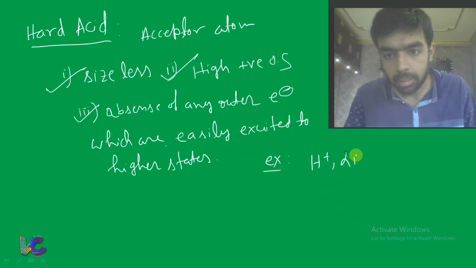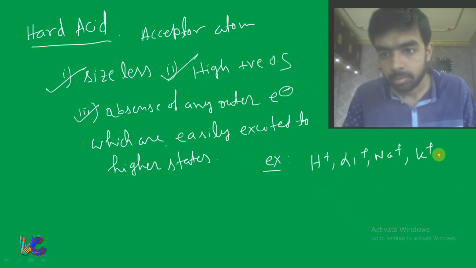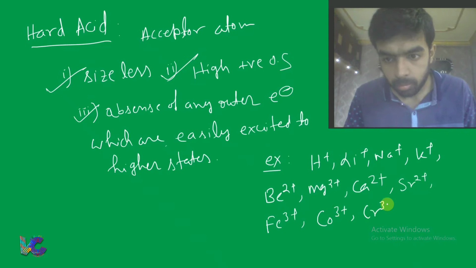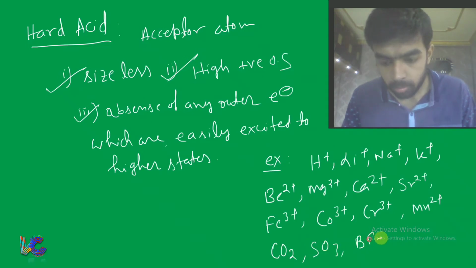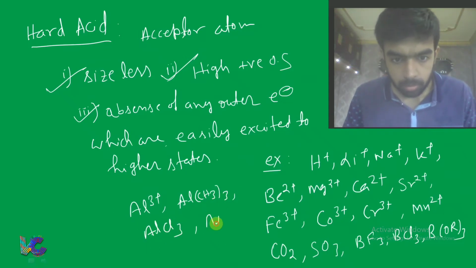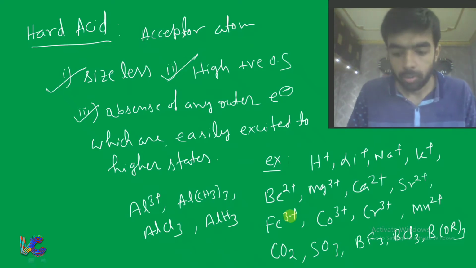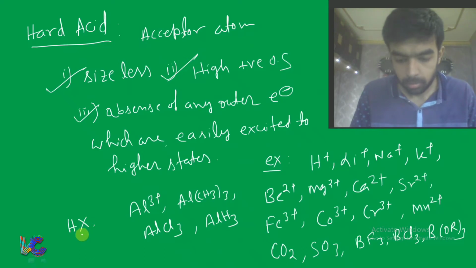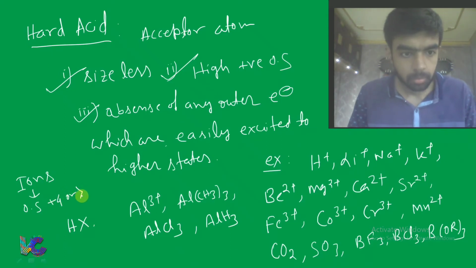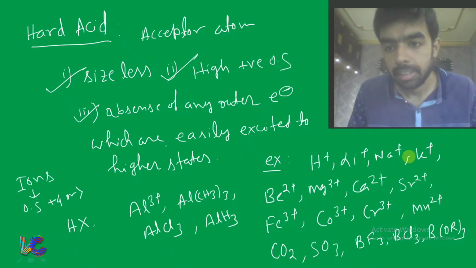So you have H plus, Li plus, Na plus, K plus, Be2 plus, Mg2 plus.